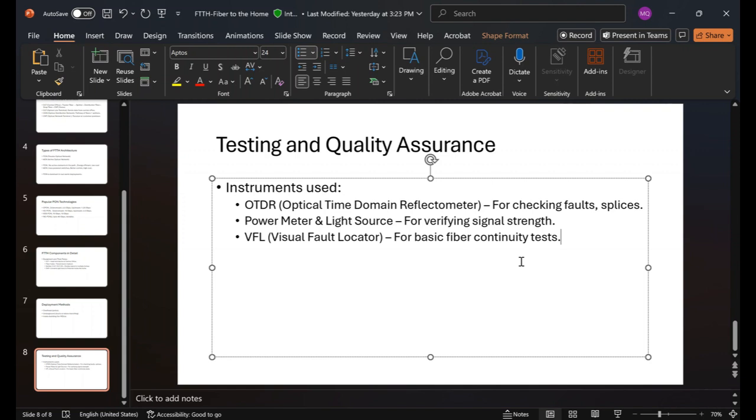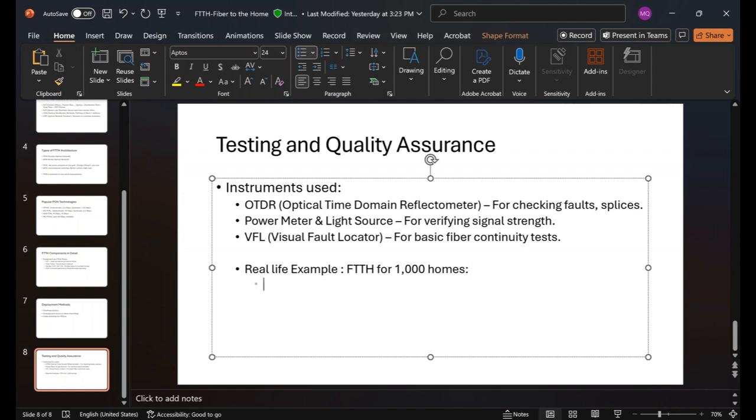So, a real life example, I will give a real life example: FTTH for 1000 nodes.